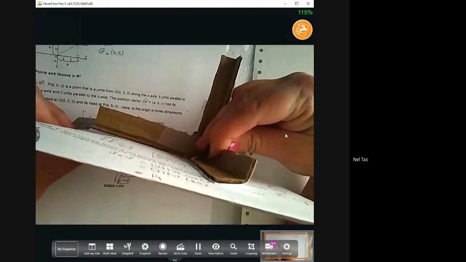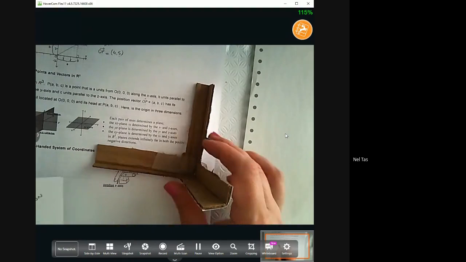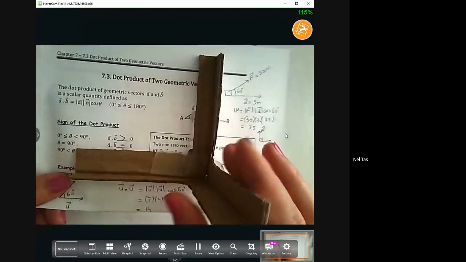Okay, so for a YZ plane, this time we use the y-axis and z-axis. The plane that holds those is going to be this plane. And the other one is the XY plane, determined by the x-axis and y-axis. The plane that holds that, this piece of paper representing that plane, goes in all directions, positive infinity and negative infinity.